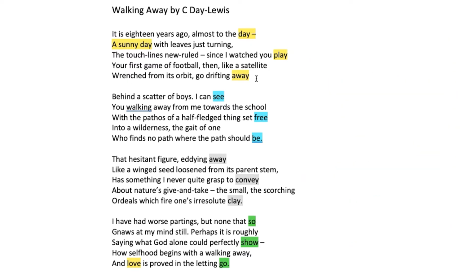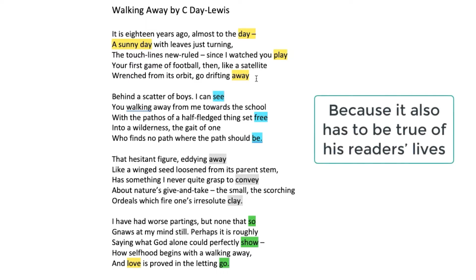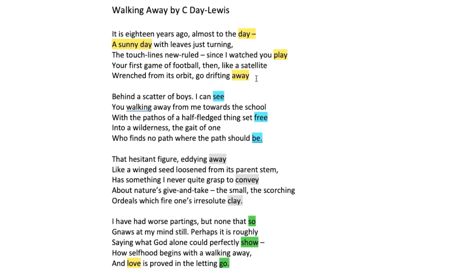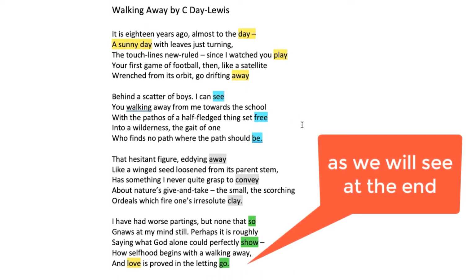These are the general emotions that his readers will have as parents watching their children grow up and therefore move away from them metaphorically and physically. But it's also a deeply personal relationship with his own son to whom he's writing, who he also feels is moving away from him. And he has to let that son move away in order to prove his love for the son.